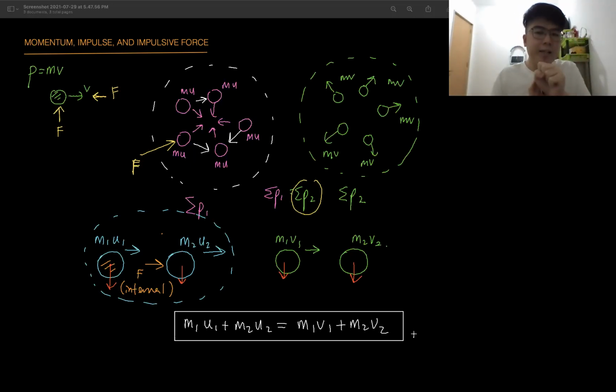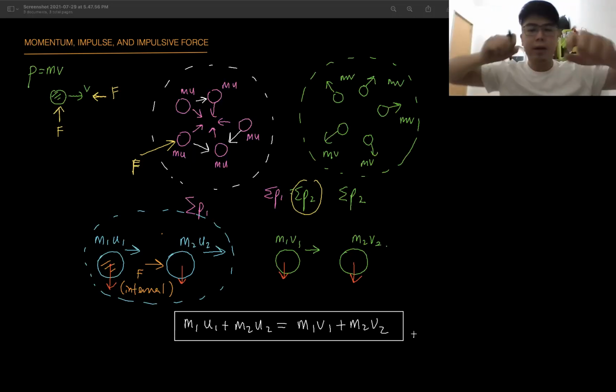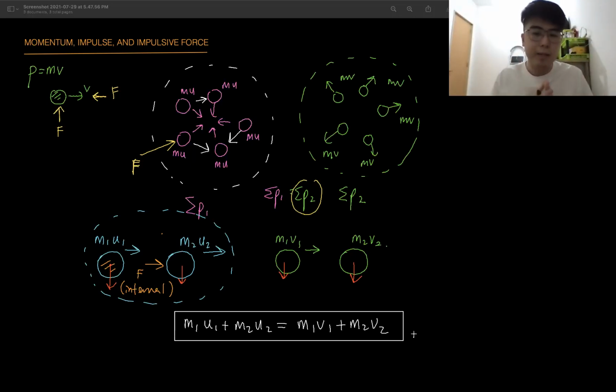You can apply this in planetary collisions, one planet colliding with another one. Galaxies, same. We can apply the same theory as long as the condition is fulfilled, there is no external force. So this is our momentum equation.